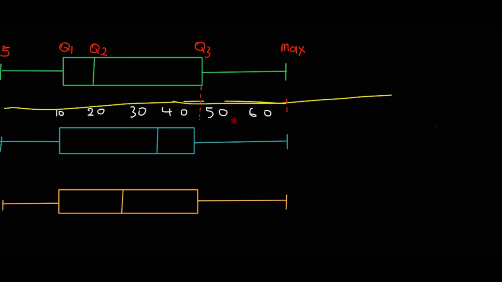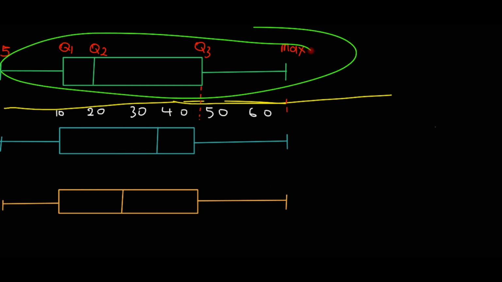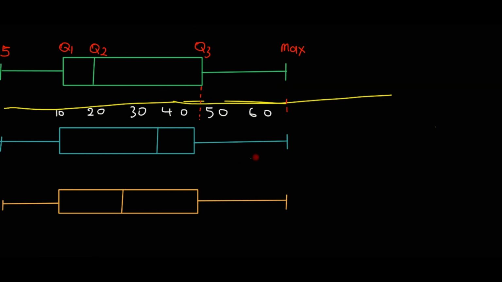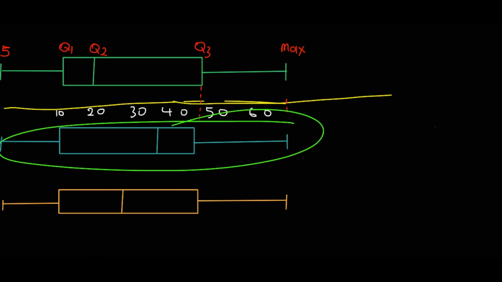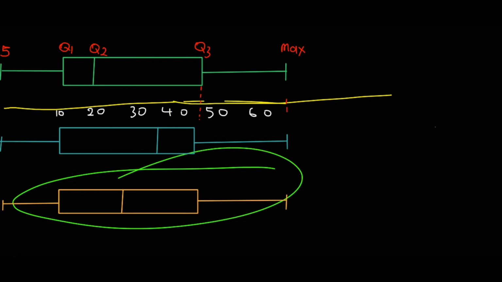So now another very important thing, I need a highlighter: in many questions they will recommend that after drawing a box and whisker diagram, the question will ask you to comment and explain how your data is distributed. Let's look at this situation, because obviously we only have 3 situations. We have this situation when you draw a box and whisker diagram, or you have this one, and then you have this one.